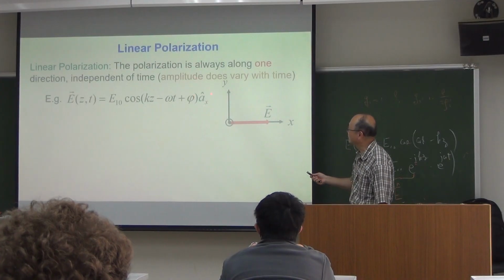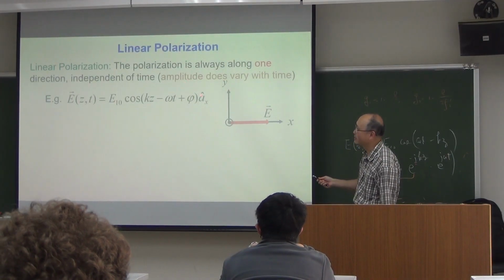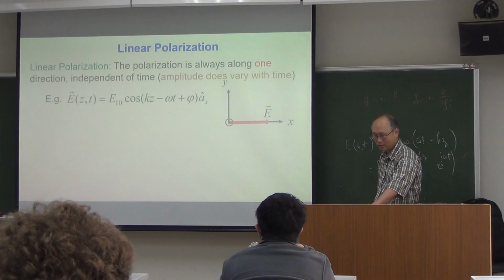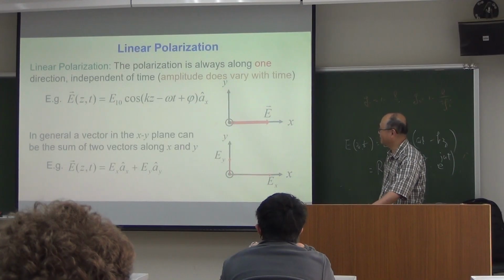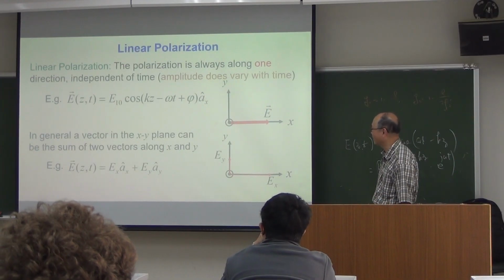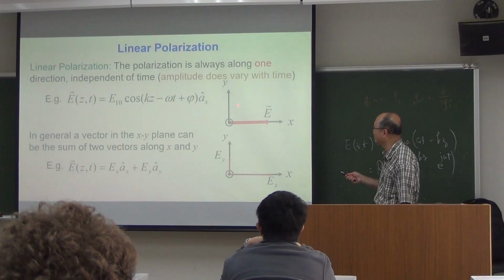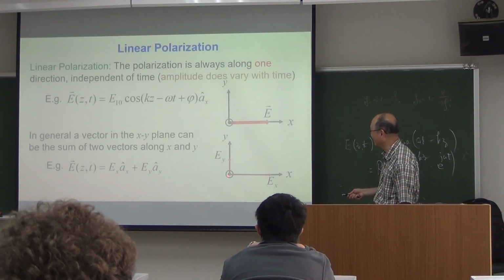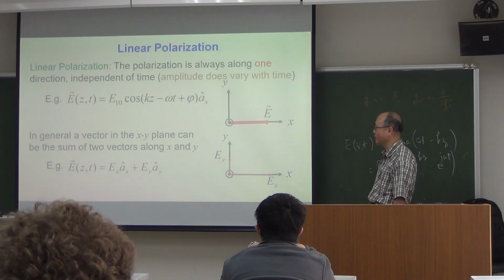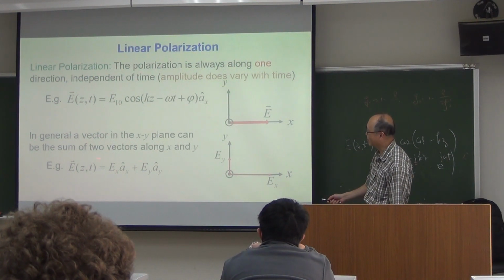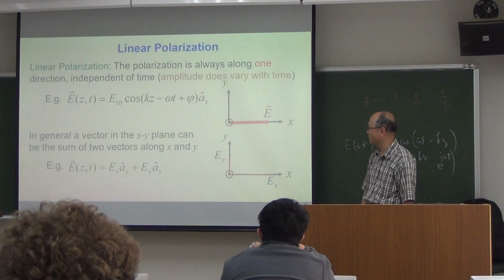For this case, we purposely set it along the x direction. But in fact, in general, we can have two components on this xy plane, consisting of this x component and y component.